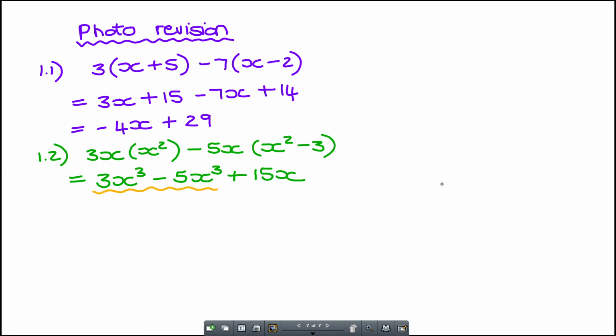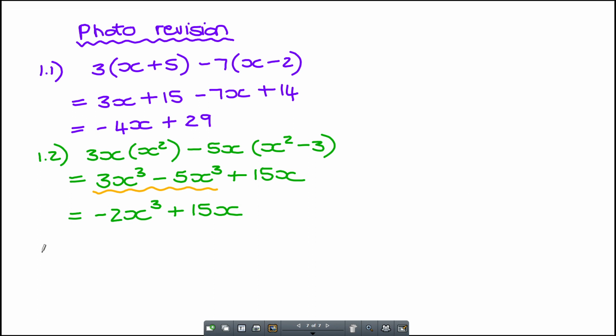So they are like terms. So 3x to the power 3 minus 5x to the power 3 will give me minus 2x to the power 3, and then plus 15x. Remember, don't try and factorize there because that's not what they asked. They asked you to expand and simplify. So I stop here. Okay, you guys good?